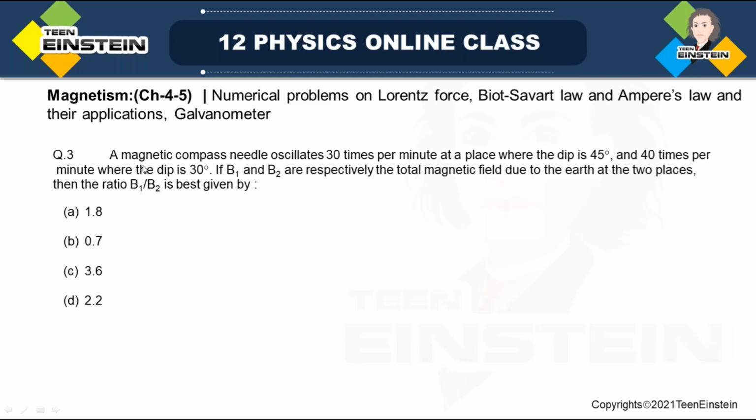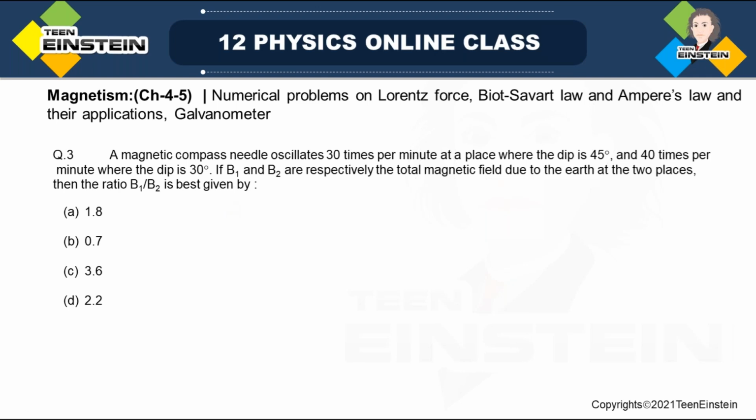The problem says that a magnetic compass needle oscillates 30 times per minute at a place where the dip is given as 45 degree, and 40 times per minute when the dip is 30 degree. B1 and B2 are respectively the total magnetic field due to the earth at the two places. Then what is the ratio of B1 to B2 best given by?